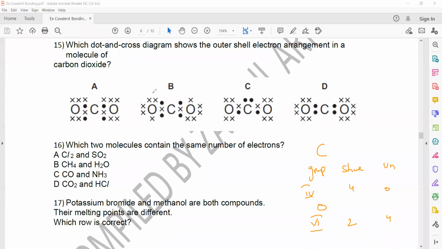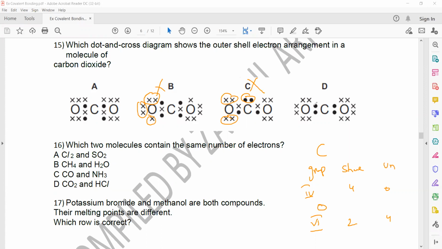Even if you check option B, 1, 2, 3, 4 and 5. So 5 unshared, so it cannot be B. Here oxygen is having 4 unshared, but carbon is having 2 unshared electrons, but according to this, carbon should not have any unshared electrons, that's why it is not C.